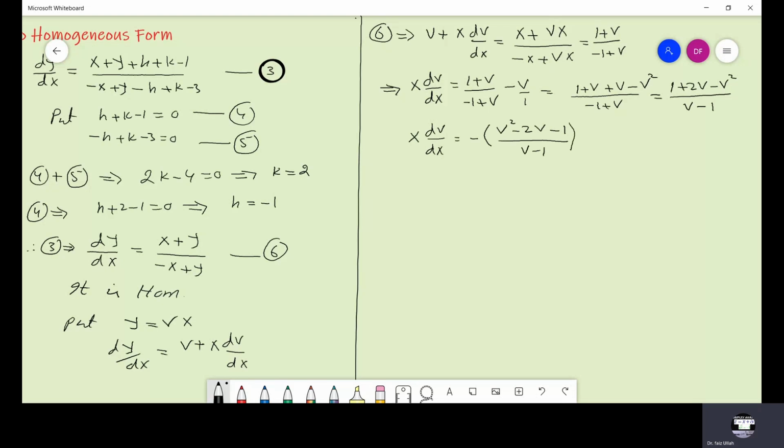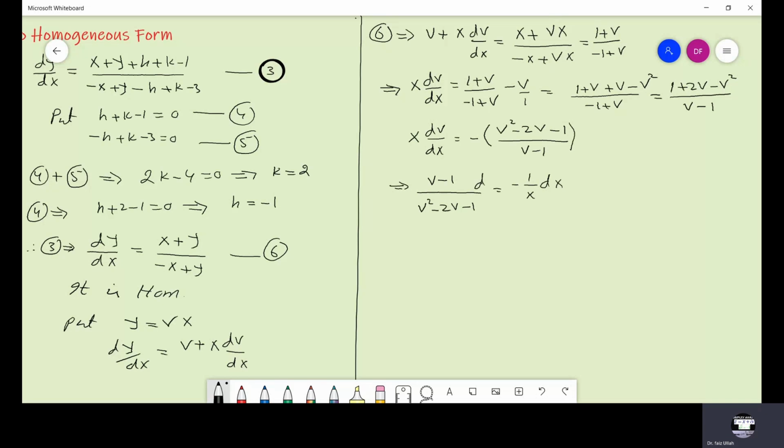And now it is variable separable. So it is a separable equation, just separating the variables. From here we get that v minus 1 divided by v square minus 2v minus 1 dv is equal to minus 1 over x dx.